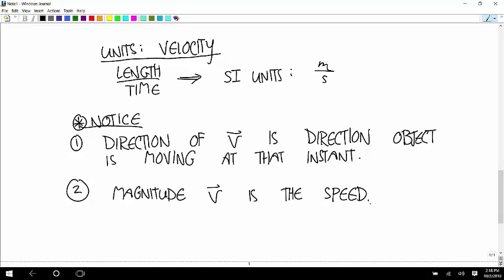If we said something was going 10 meters per second to the right, and say our positive direction was to the left, then for the velocity we would say negative 10 meters per second because it's going in the negative direction. Now we'd say we have a vector whose magnitude is equal to 10 meters per second, and we'd use the angle of its motion to come up with the components.